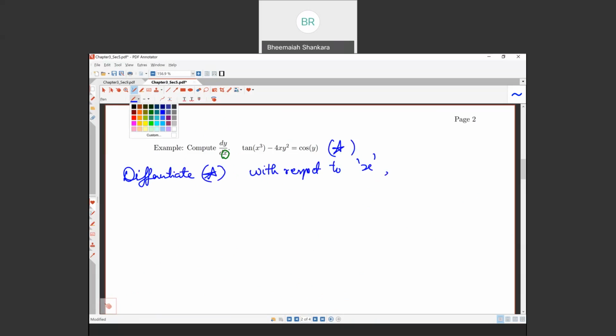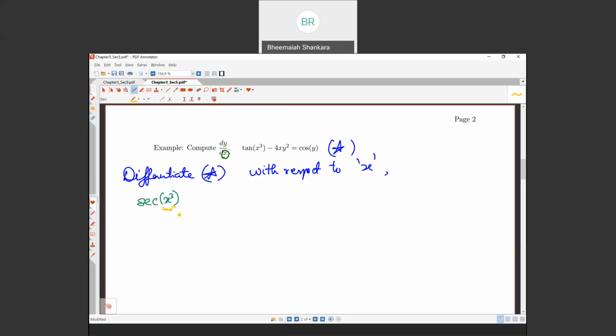So differentiate the first expression with respect to x. You have tan x cubed. When you differentiate with respect to variable x, differentiation of the tangent function is the secant function, so write secant. And the function is x cubed, so write exactly the same. Differentiation of tangent is secant. That's our first step. But we have not differentiated this x cubed.